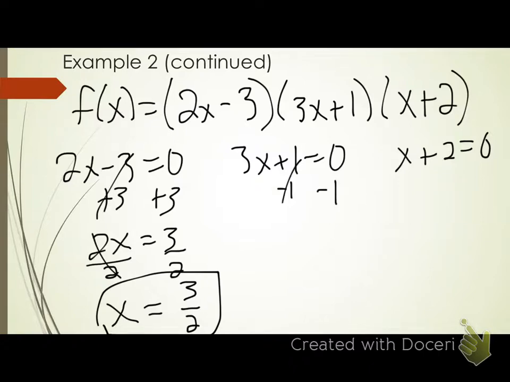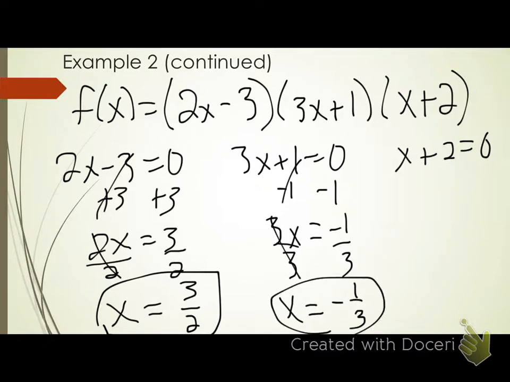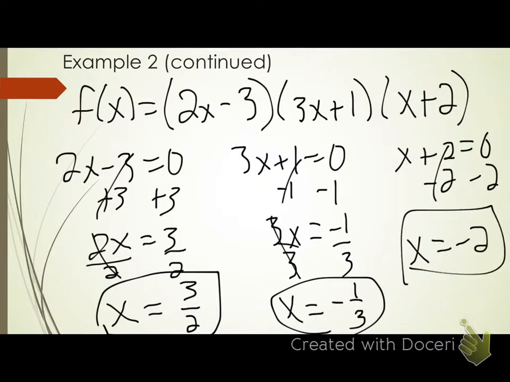Subtract 1, divide by 3, x equals negative 1/3. Subtract 2, x equals negative 2. So my three zeros of this polynomial function are 3/2, negative 1/3, and negative 2. So I answered my question. I found all my zeros.